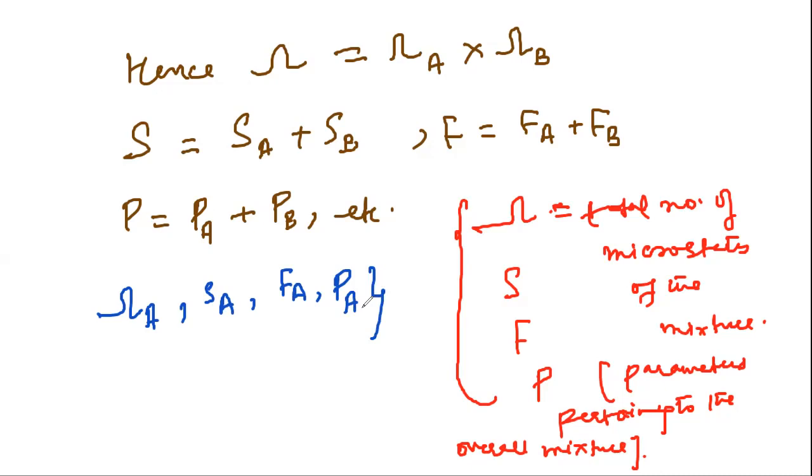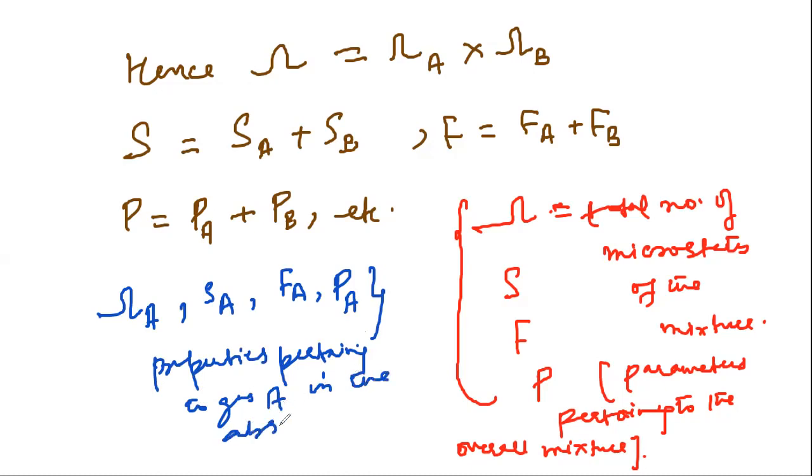They are the properties which gas A would have in the absence of gas B. So sigma A is the number of microstates pertaining to gas A when gas B is not present in the mixture, because they are the properties of A in the absence of gas B.